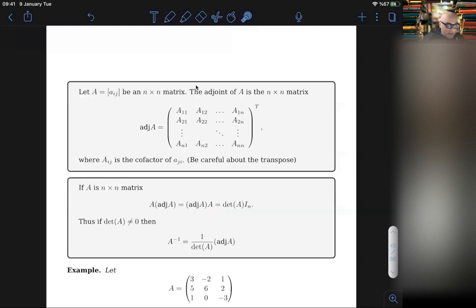And same for this line. Just look at this. This is a very important identity. There is something interesting. If the determinant is not zero, then we can take this determinant to this side, which gives me A times 1 over determinant times adjoint of A is the identity.